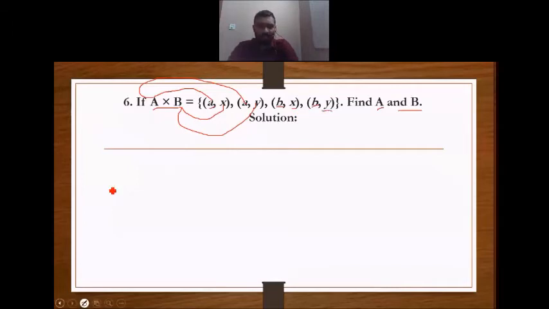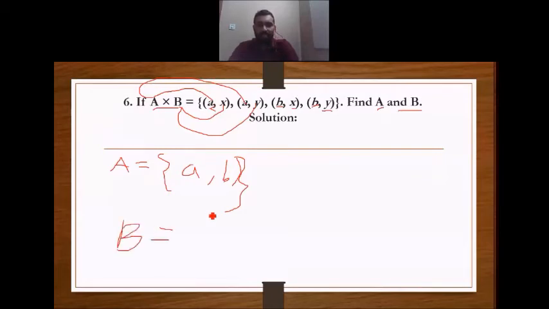So here, first set is which one? First set is A. So which elements belong to the first set? The first elements in the ordered pairs: a, then b. So this is the set A. They belong to the first set A. What elements are there in the second set B? The elements which are in second position: x, y.